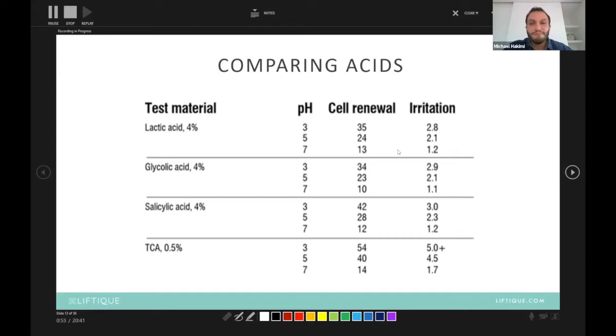Doesn't make them wrong and us right. It's just a different product. Those are much milder, and it's going to take much longer to see the results. Products that you purchase from a medical grade company are much stronger and you see results faster.